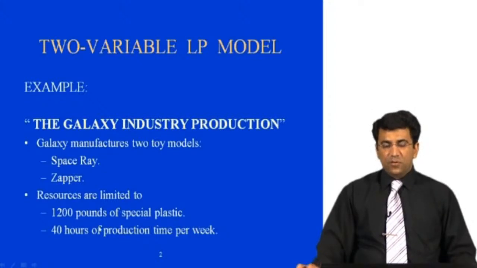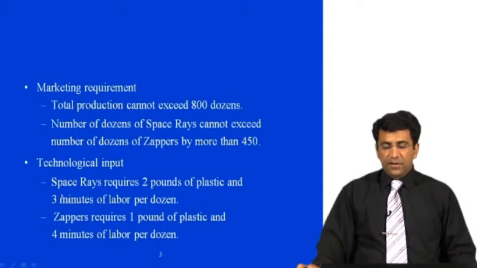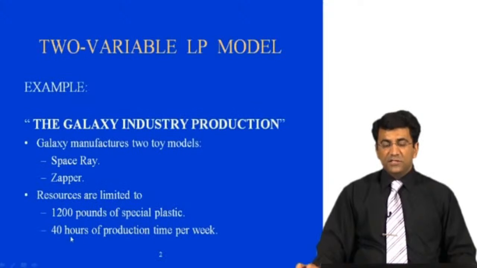The next constraint is about hours of production. Now again, if space rays take 3 minutes of labor per dozen and zappers take 4 minutes of labor per dozen, then again we have the constraint as 40 hours. Now again, students, this is a very important point here: we are given the constraints related to production time in minutes.